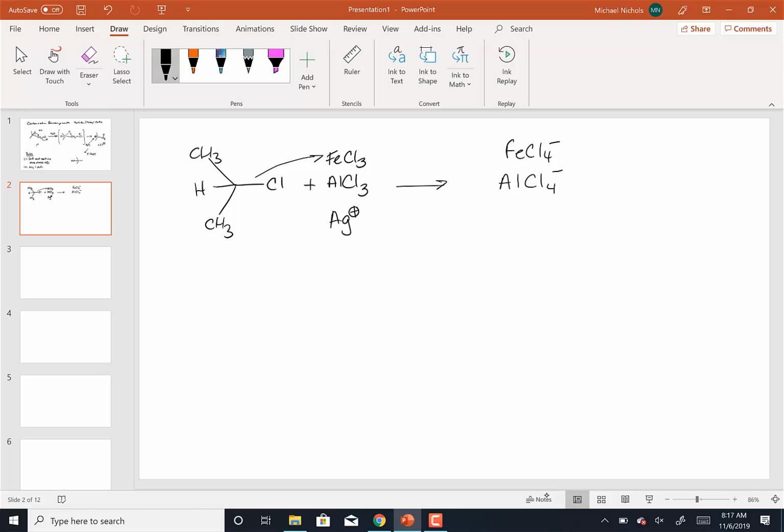I think there are probably videos on YouTube, because there are videos on YouTube about everything, where they lined up a primary, secondary, and tertiary halide and then added silver nitrate to it, and you can watch the tertiary form the precipitate first, then the secondary, and then the primary never does. So it's an easy way to tell whether something will form a carbocation. It can be a visual test. But you can also use iron and aluminum.